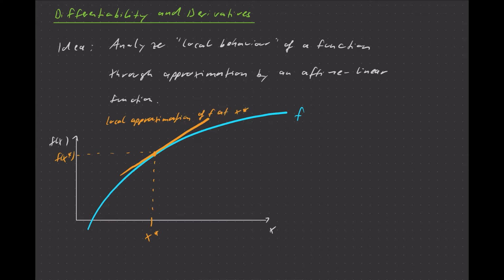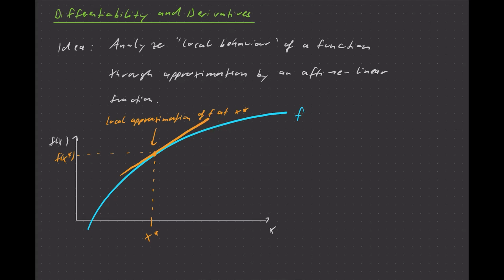So you can see at x star, the function values of the function and the approximation coincide. And around x star, so as long as we stay close to x star, the function that approximates f and f itself are pretty close. And of course, as we move further away from x star, for example, here, the difference grows larger.